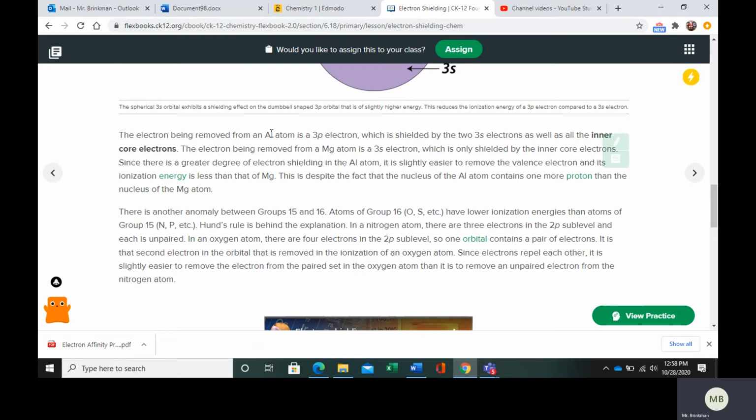So the electron that gets removed from aluminum is going to have minimal attraction to the protons in the nucleus and is going to be easier to remove. So that's how its ionization energy is less than that of magnesium.